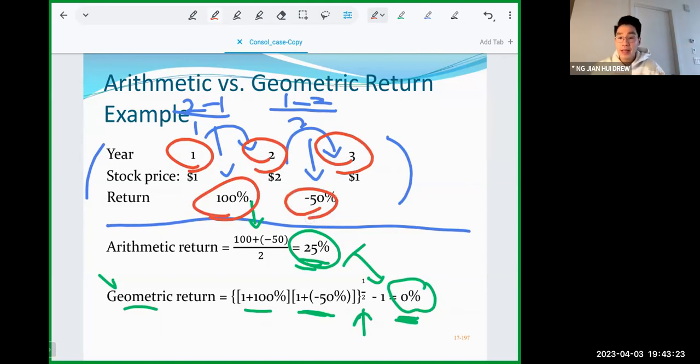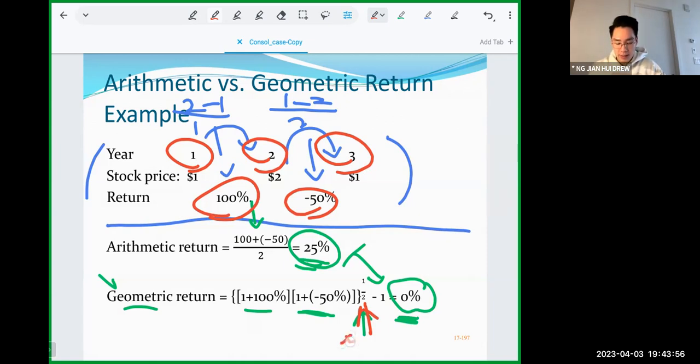And therefore, if a question gives you stock price, when you calculate geometric return, we only use 2, because we have 3 stock prices, we have 2 returns, and therefore your geometric return formula only has 2 numbers, right? And because you have 2 numbers, that's why when you put it to the power, it is to the power of 1/2.